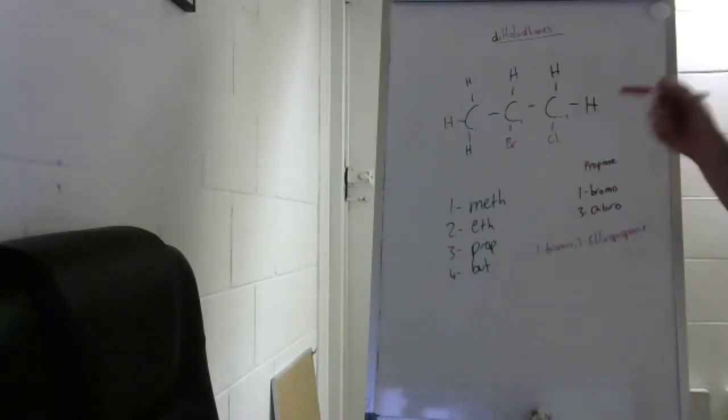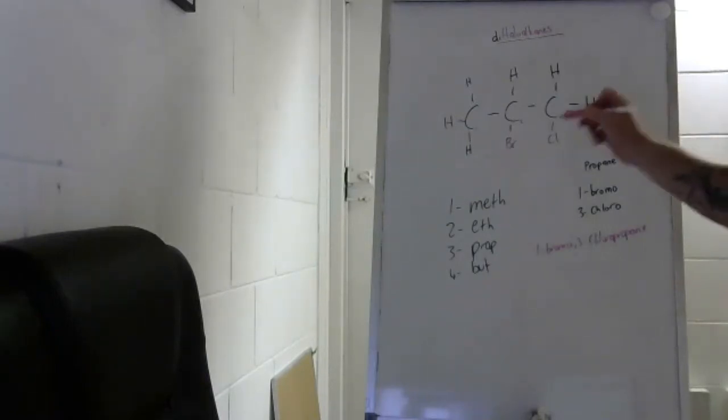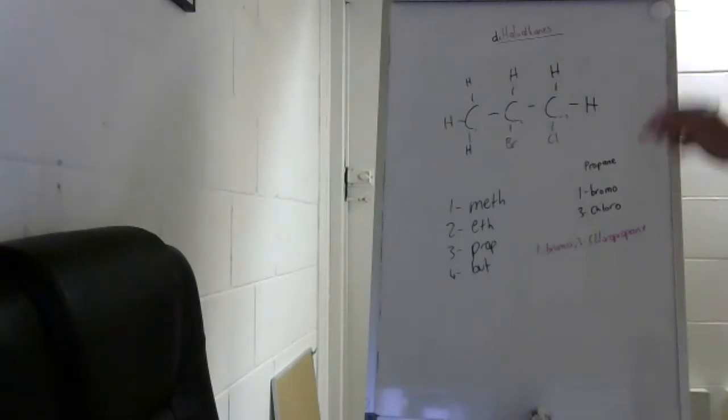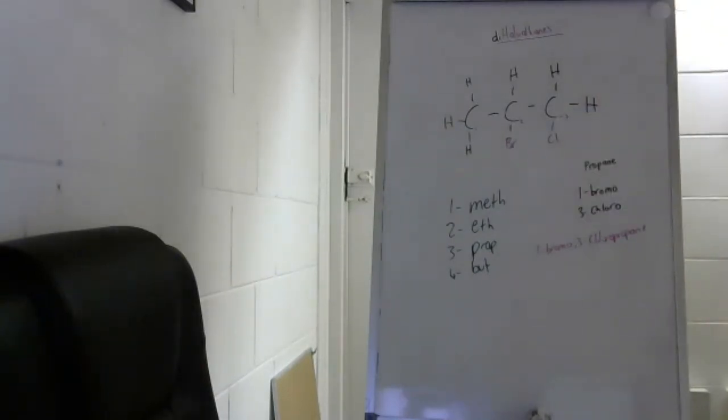The classic one, if they do give you an exam question, is a dihaloalkane, because they can be tricky. But if you remember, you count from the end that gives all of the functional groups the lowest number possible. You can't go wrong.